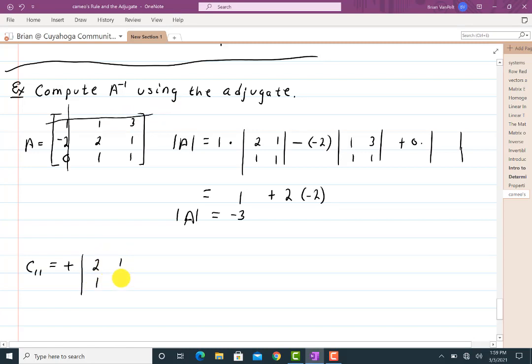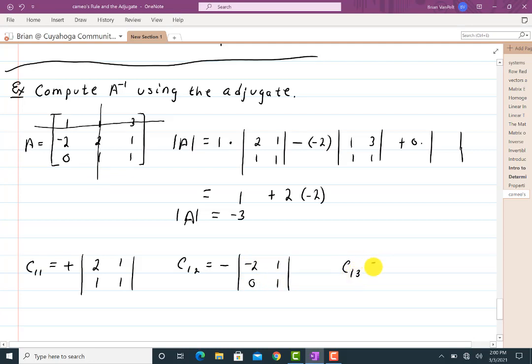2, 1, 1, 1. And then move across to C1,2. This one had a negative. Here I have negative 2, 1, 0, 1. C1,3 is a positive. Here I have negative 2, 2, 0, 1.